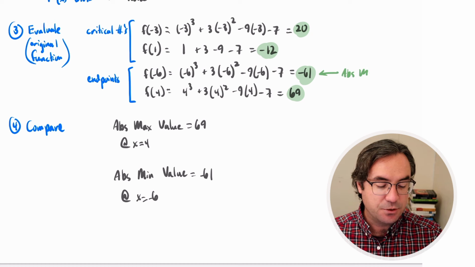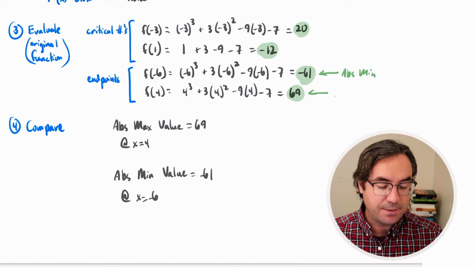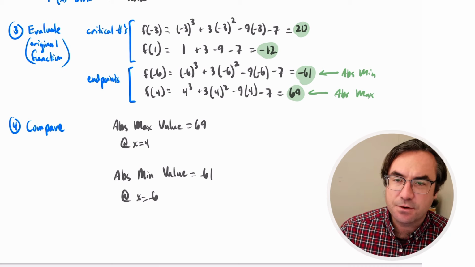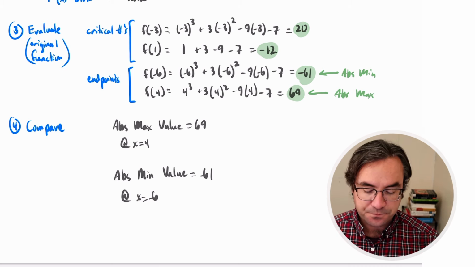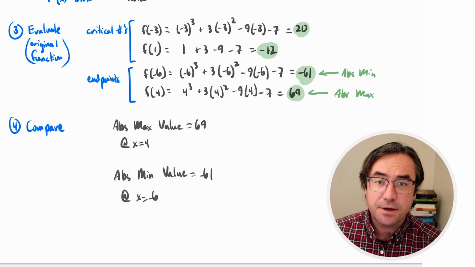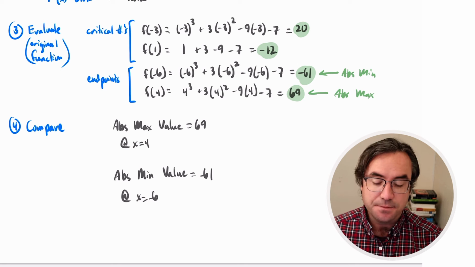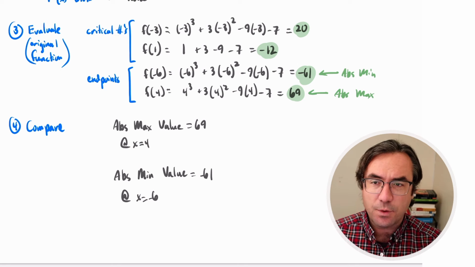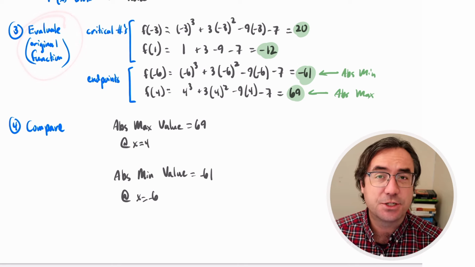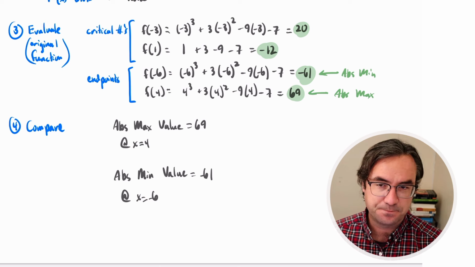So this is our absolute min, and that's our absolute max. And that's the idea with the closed interval method. Classifying our critical numbers and the endpoints, we can do it by just evaluating the function.